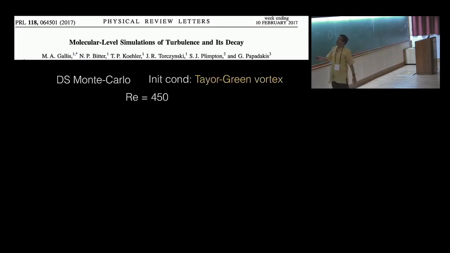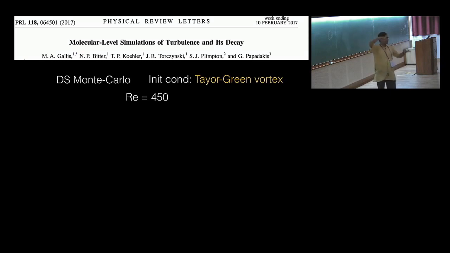Now, what is done in the simulations, this is 2017 Physical Review Letters. This is called discrete simulation Monte Carlo. Of course, for medicine and so on, this Monte Carlo is a big industry and there are huge numbers of simulations. So in this discrete Monte Carlo, they employ a Taylor-Green vortex as the initial condition.